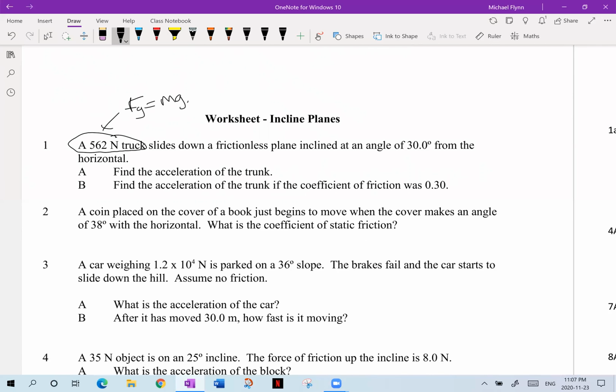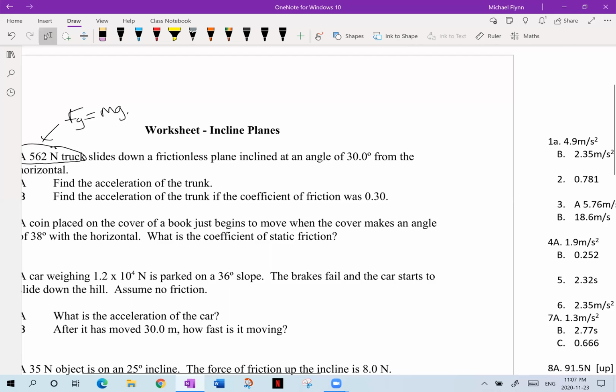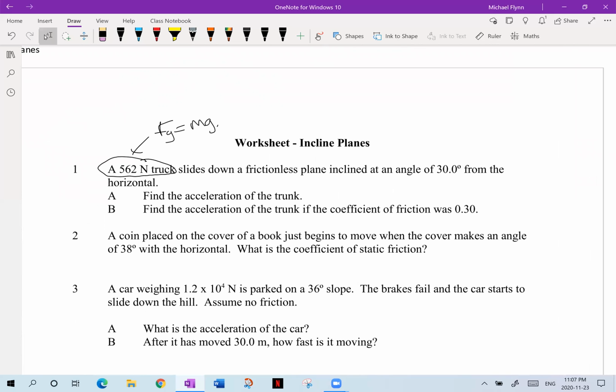I posted the answers here in the margin, but when you're working out the components, you don't need the mass, but you do need to know what m times g is. In other words, you need the weight of the truck.